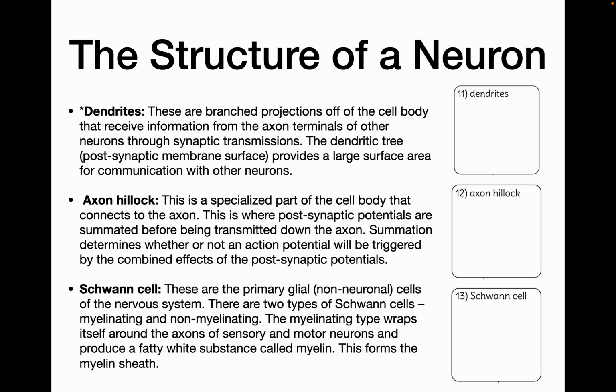Then we get into Schwann cells. These are important cells that are not part of the neuron cell. They're separate cells, but they wrap around the axon, okay? The myelinating type is a little bit important for everybody, but the name Schwann cells isn't that important for SL. But the ones that are myelin, they're going to wrap around the axon, particularly of sensory neurons and motor neurons.